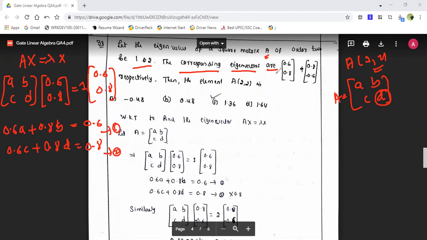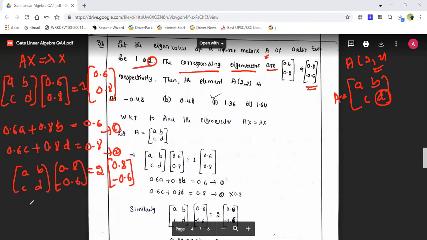Similarly, for λ = 2, I have the eigenvector (0.8, -0.6). So I'll write that also: [[a, b], [c, d]] times (0.8, -0.6) equals 2 times (0.8, -0.6).